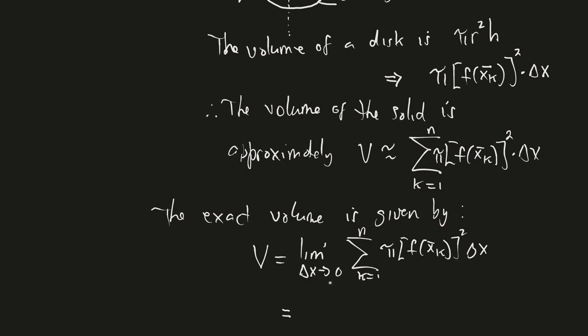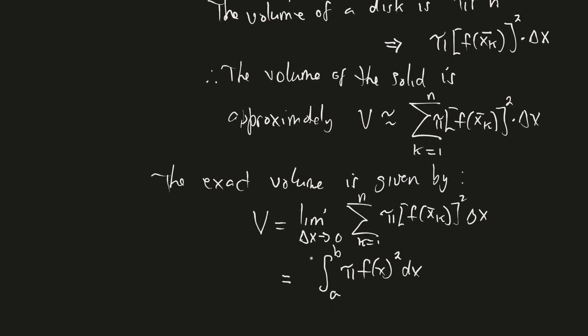Remember, all of this turns into our integral sign. The f of x k bar just ends up being my f of x. So I have pi, then f of x squared times dx, and this goes from a to b.